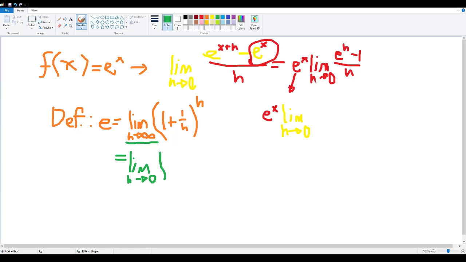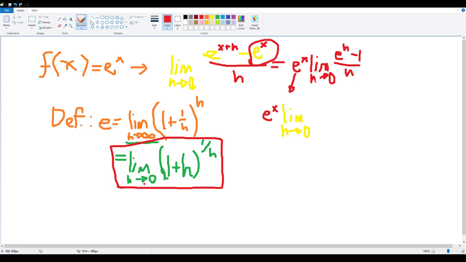We just make it the reciprocal of each of these. So 1 plus h to the, and then if h is going to 0 and we want the power to go to infinity up here, we just do 1 over h now. And now this is our new definition of e. So this is our revised definition of e.